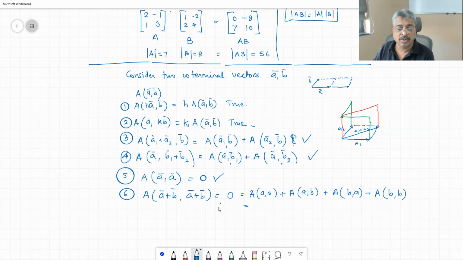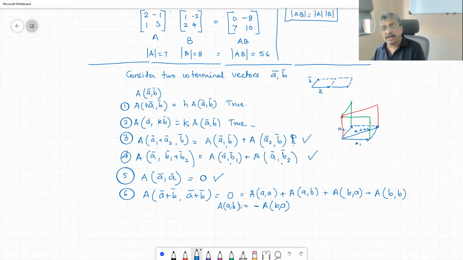Therefore, we can conclude area of A comma B is opposite of area of B comma A. So if you flip the order of the vectors, area gets a sign change. That is what we have learned from this. Okay. So now let us get into the details.